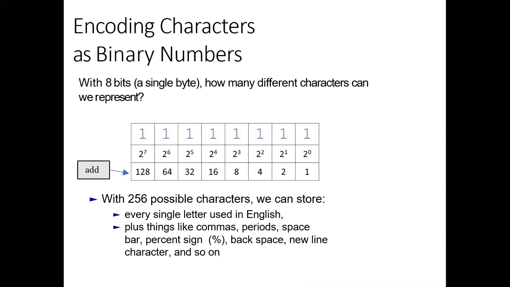So we can store all characters in English, and there's plenty left over for things like commas, periods, spaces between words, which, by the way, is a character. It is a piece of information that has to be represented by a unique number in the computer. Percent signs, even information like backspacing and where a new line begins. All of these things are represented as characters or numbers ultimately in the computer. So there's plenty of room for that.